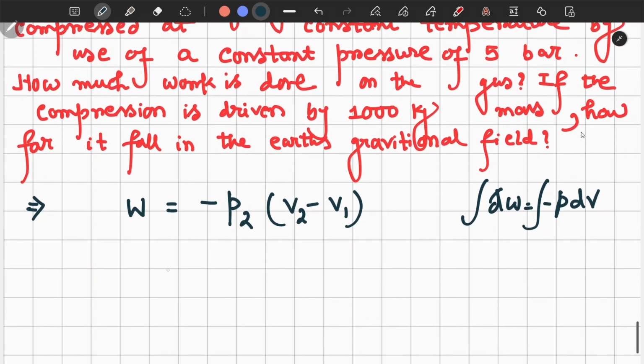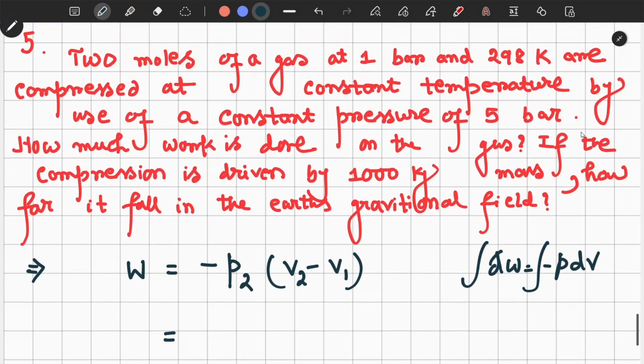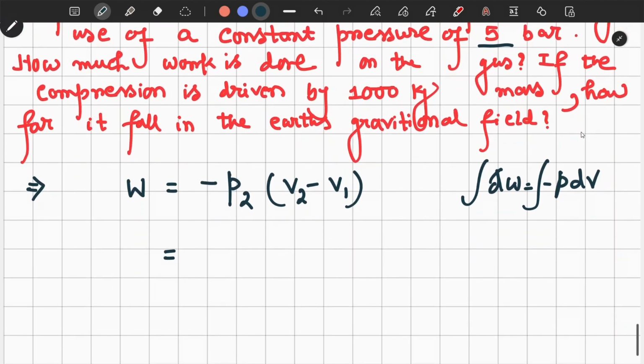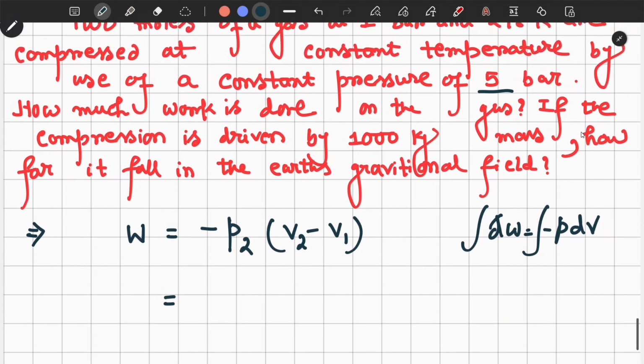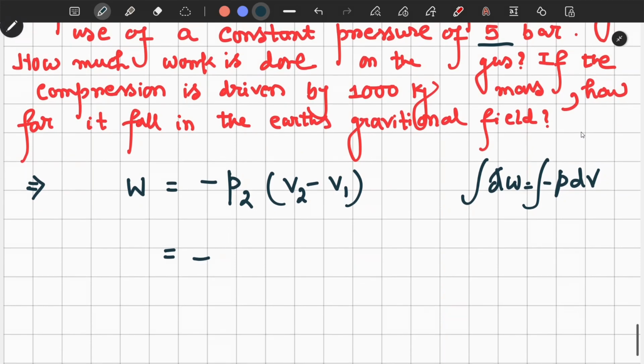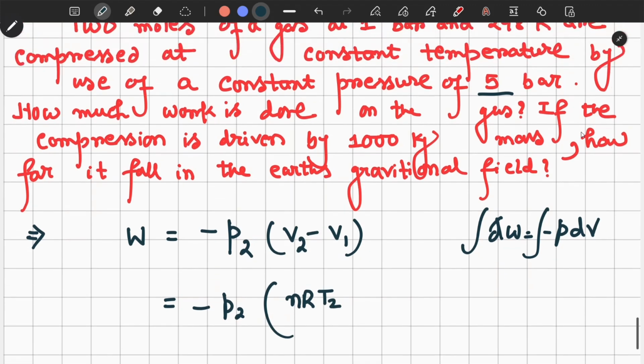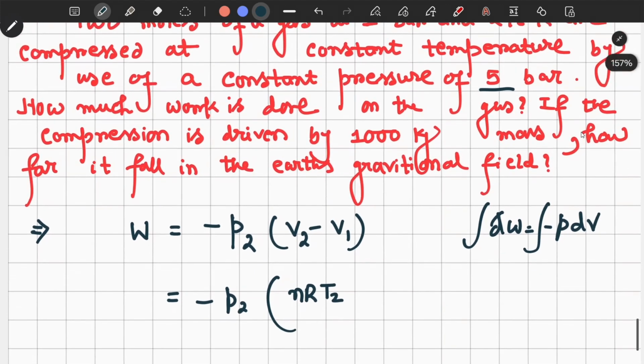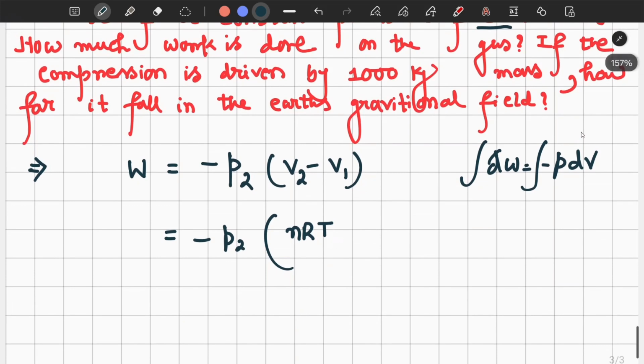So P external is 5 bar, and V2 minus V1 is important. V2 is nRT by P2. Temperature is same, right? Yes. So it is nRT by P2 minus nRT by P1, correct.